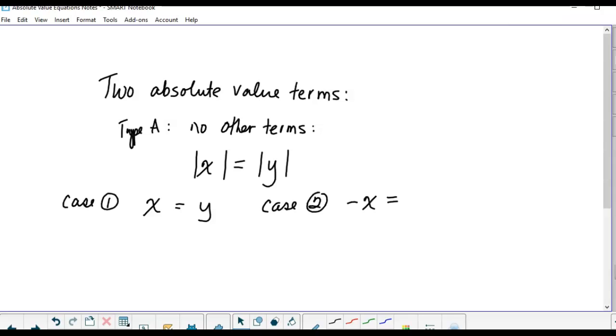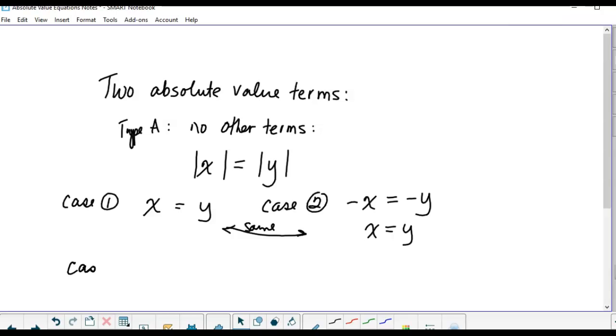And if y is negative, we have to change the sign of y. Well, look what happens. If I simplify that equation, I get x equals y. That's the same case. So the case where both expressions inside the absolute value are positive, that's one case. Both positive or both negative, right? So these are the same.